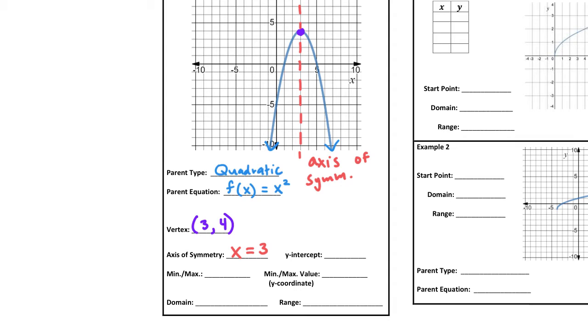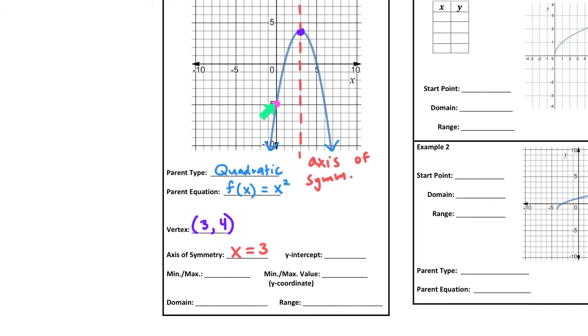Okay, the y-intercept. I'm trying to decide what color I should use. I guess let me pick one that would stand out. Okay, so for the y-intercept, it's the location where the graph hits the y-axis. So what's the location of this point?